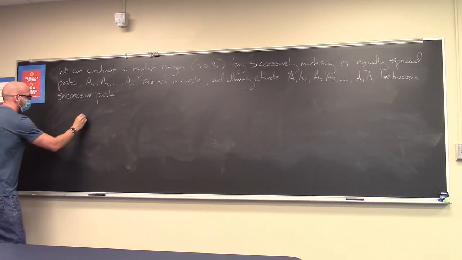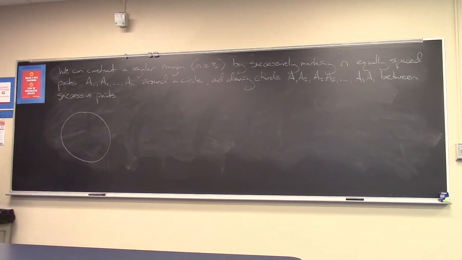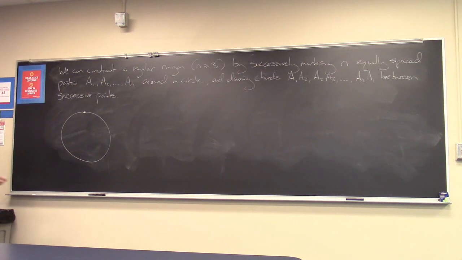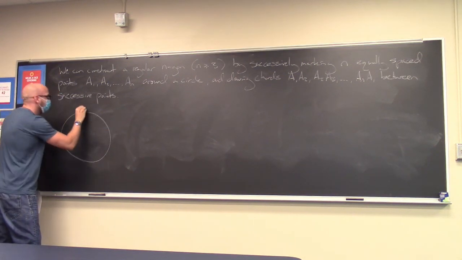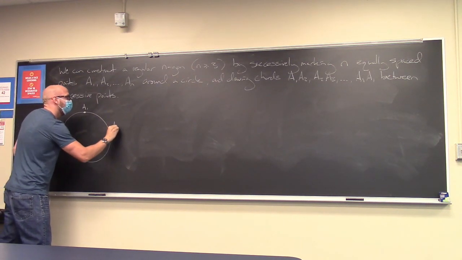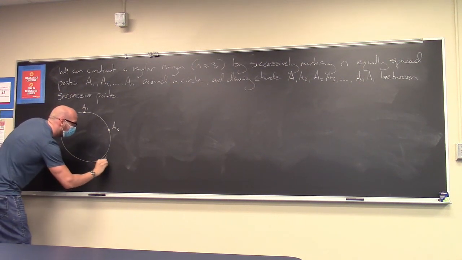And so here's all I'm saying with this. I won't do an equilateral triangle or a square because that's kind of boring. So I'll try to do a pentagon here. We'll see if it actually looks regular. Here's A1. Here's A2. Here's A3.